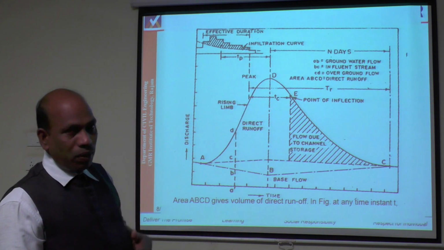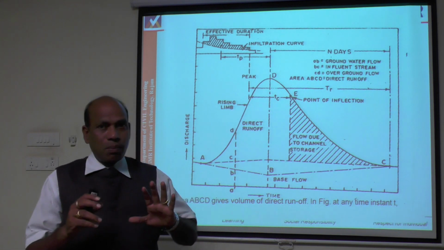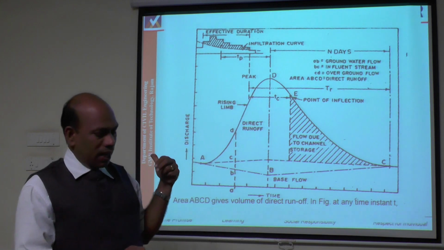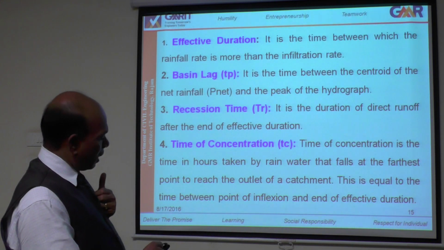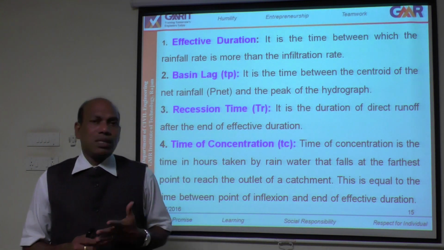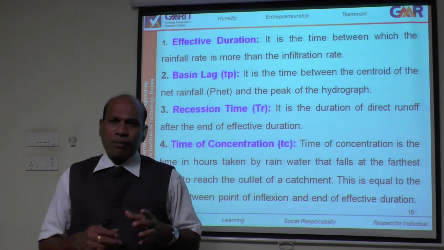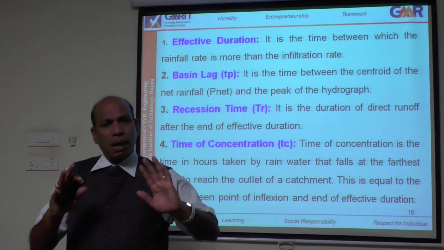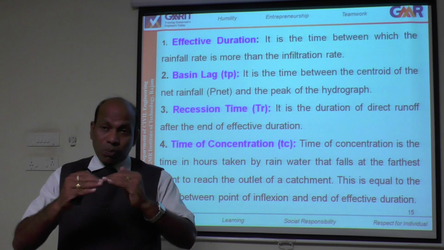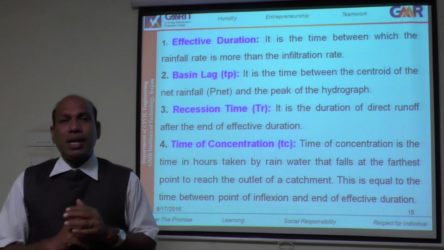Apart from that, we are going to discuss some definitions related to this hydrograph analysis. Here you see one diagram, that is effective duration. What is the definition of effective duration? Effective duration is the time during which the rainfall intensity is more than the infiltration capacity of the soil.